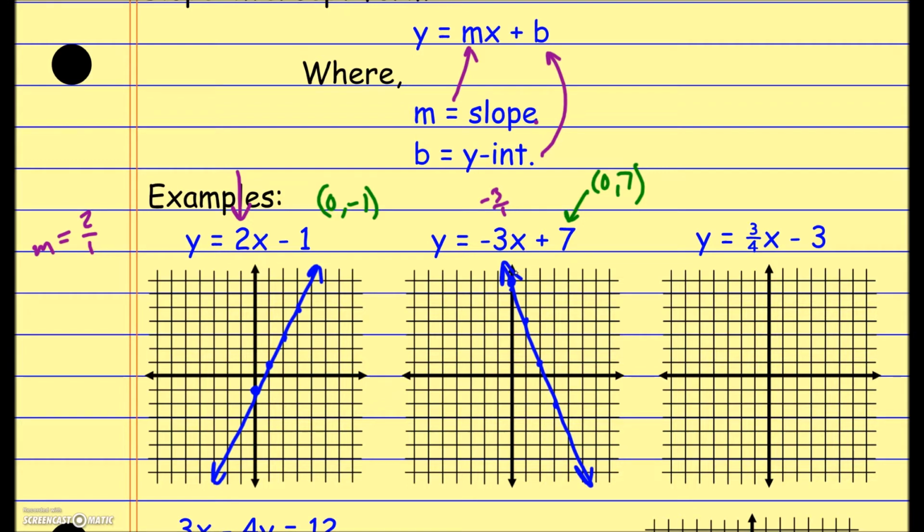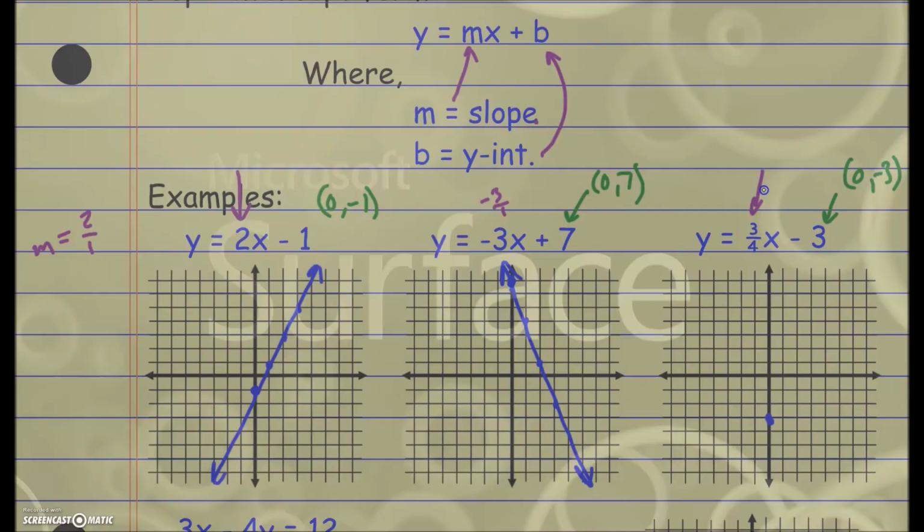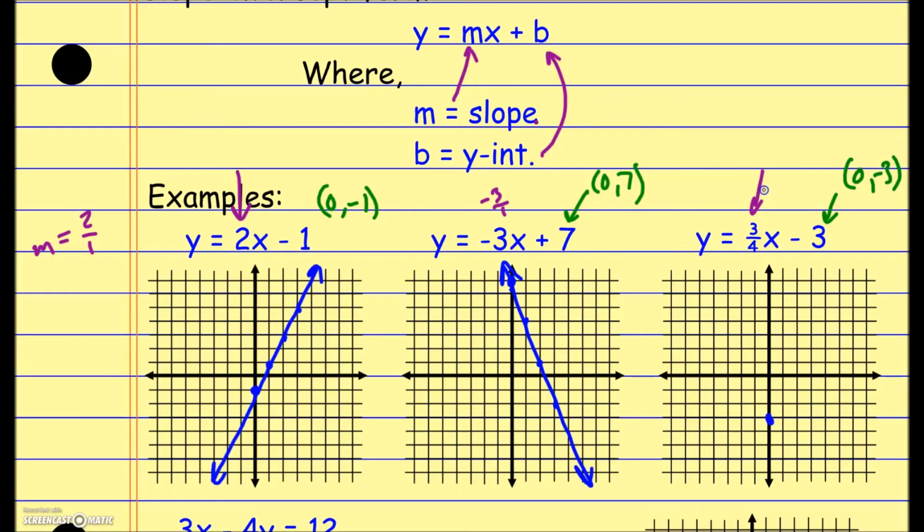And the next one, again, the y-intercept right here is the negative 3. So that's my y value. The x value is always 0 for my y-intercept. So it's the ordered pair (0, -3). I'm going to start there. That's my starting point. And then it's got a slope right here of 3/4, and that's already written as a fraction in terms of rise over run.